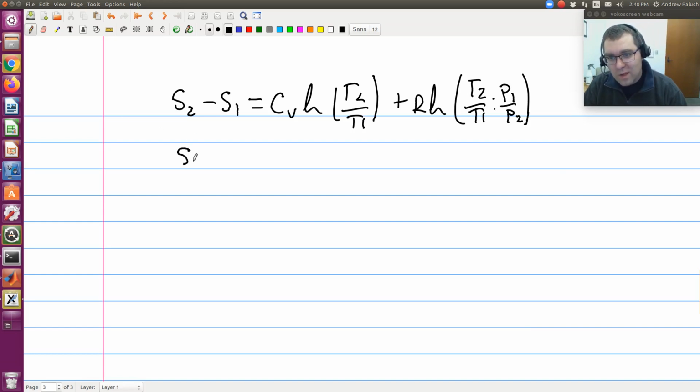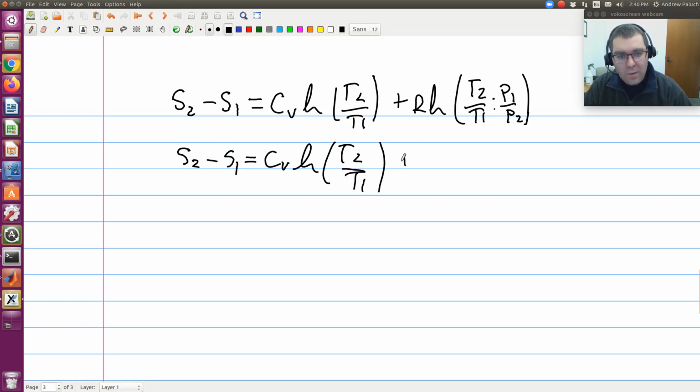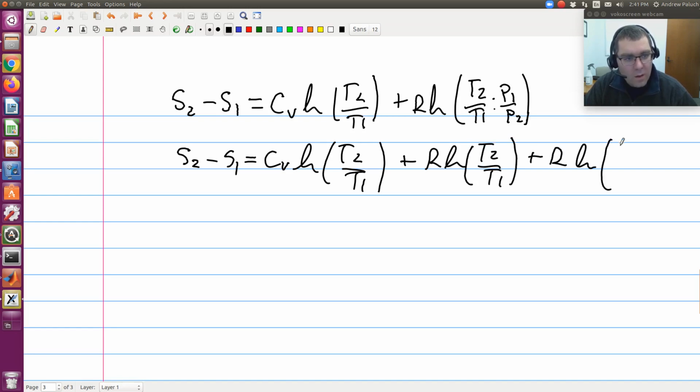Let's write this as S2 minus S1 equal to CV log T2 over T1, plus, so log of A times B is equal to log A plus log B. Multiplication becomes addition. So this becomes R log T2 over T1 plus R log P1 over P2.